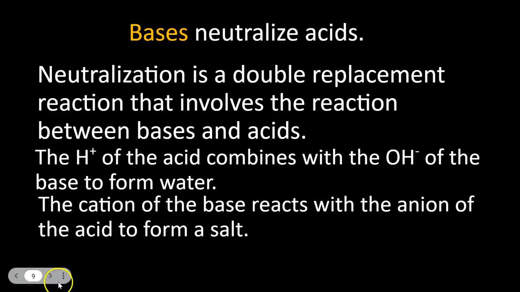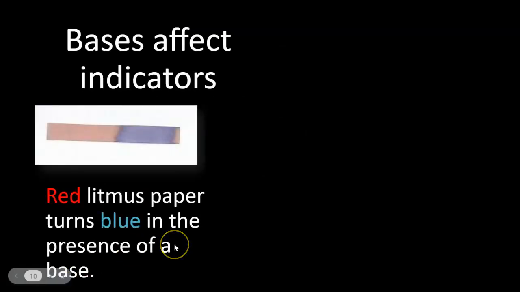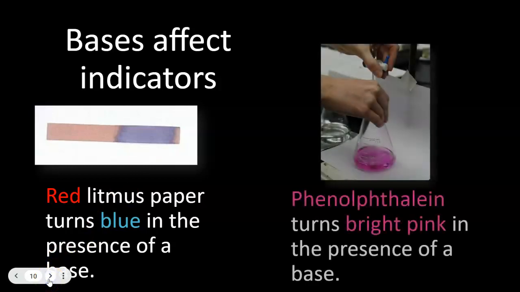Okay, and let's take a look at these indicators. So for bases, red litmus paper will turn blue in the presence of a base. So again, we're starting with this red litmus paper. It's this red color. Drop a little bit of the solution or dip it into the solution. If it turns blue, that's going to be an indication that a base is present.